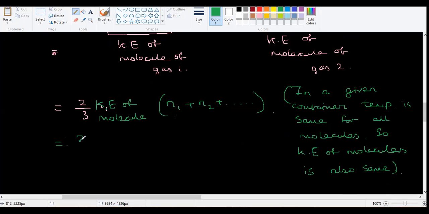So after this, 2 by 3 kinetic energy of one molecule. I can write this as 2 by 3 kinetic energy of one molecule. Just now we studied it as 3 by 2 kBT.